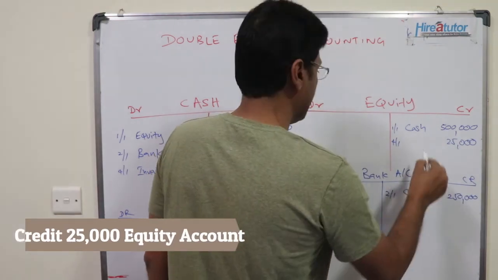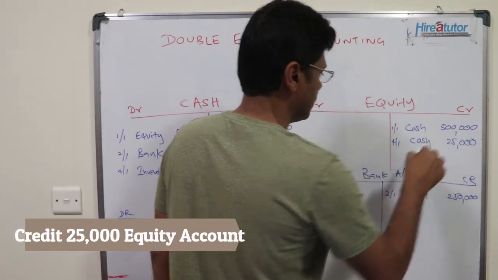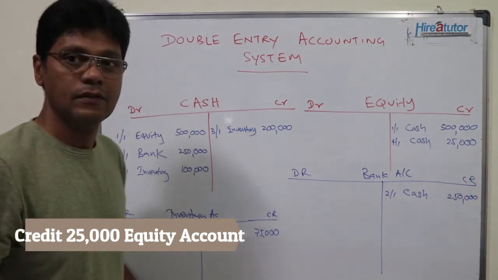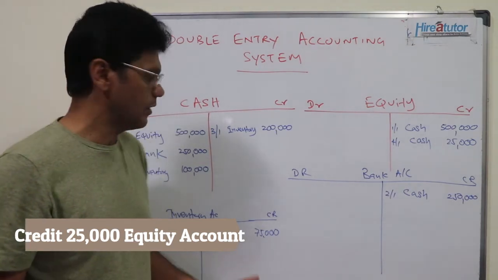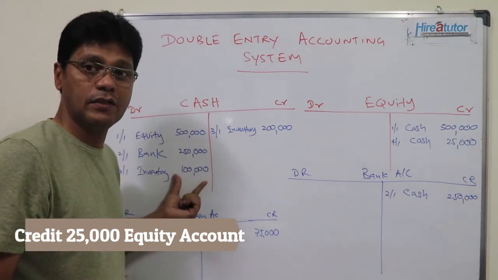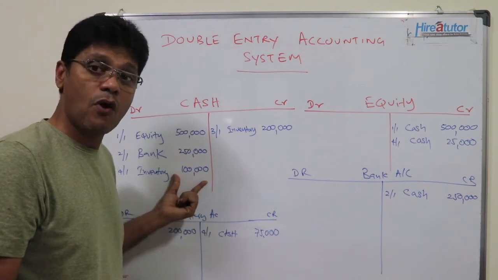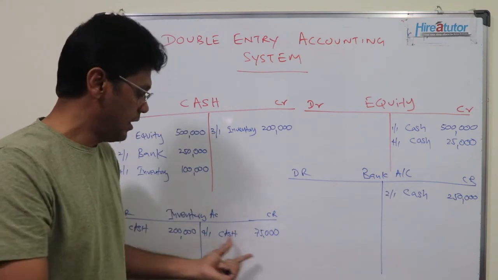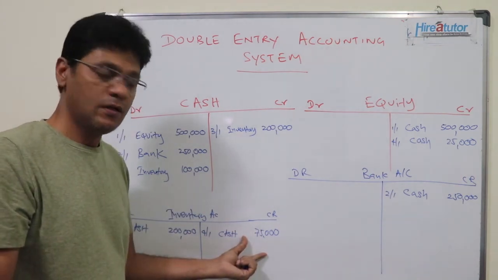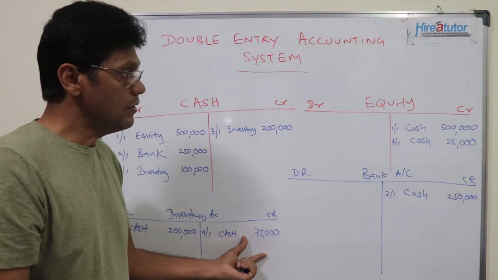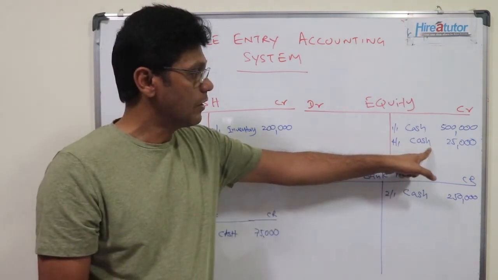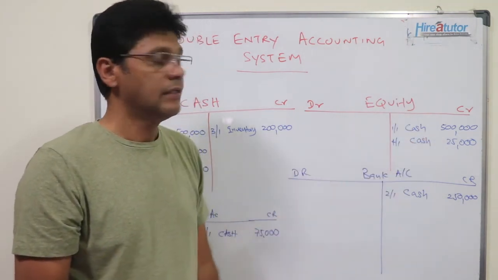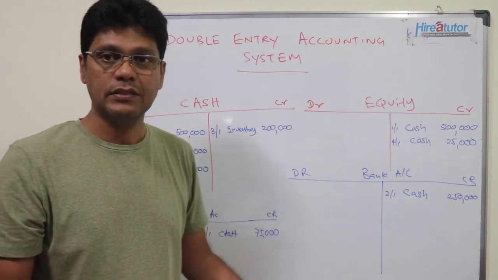So you can say cash. Simple as that. So you debited 100,000 and there should be a corresponding credit entry for 100,000, whereas we had 75,000 in the inventory account and the remaining 25,000 has to be credited to the equity account since it's a profit.